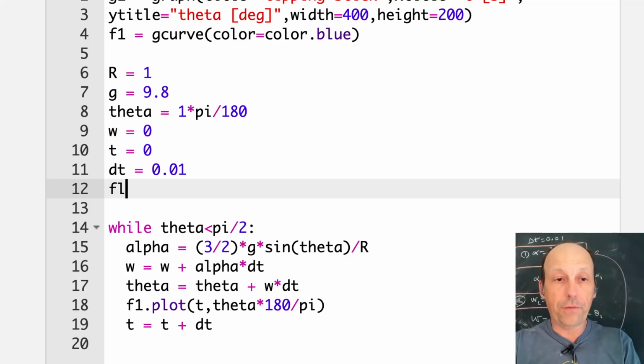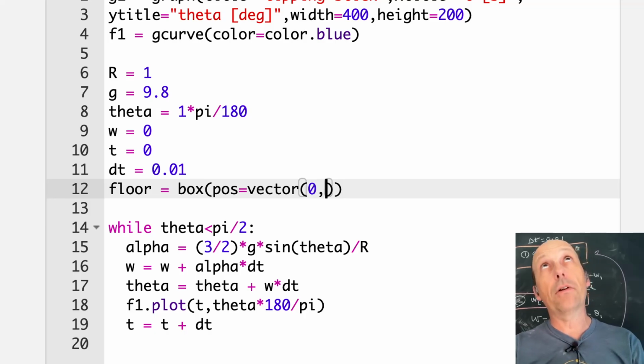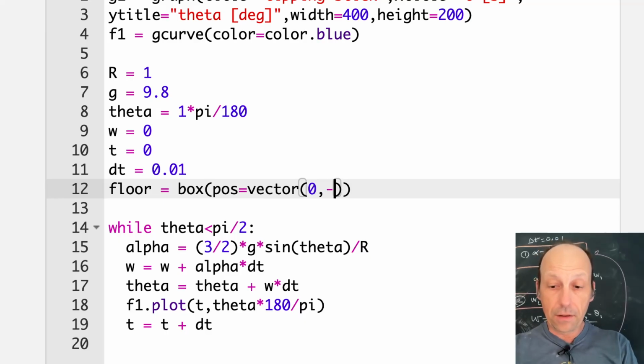Floor. So let's make a floor. It's a box. Let's put the box at the position vector 0. If my meter stick is 1 meter long, I'm going to make this maybe 2 centimeters. So let's put it at negative 0.01, so I shift it down.